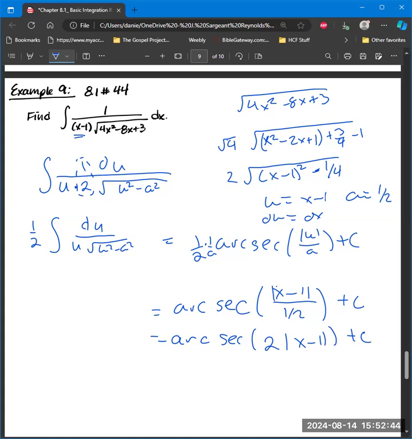And so that's going to be arcsecant of the absolute value of 2x minus 2. It's probably the best way to write that, plus c.